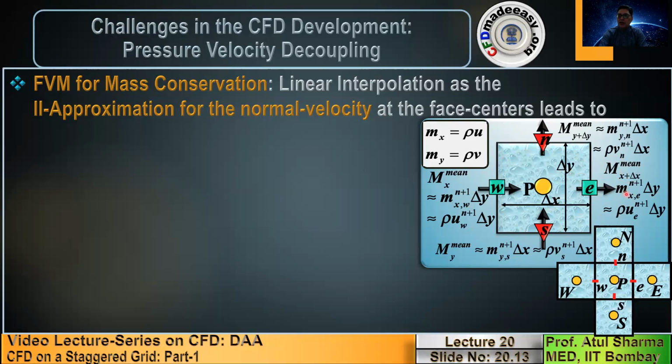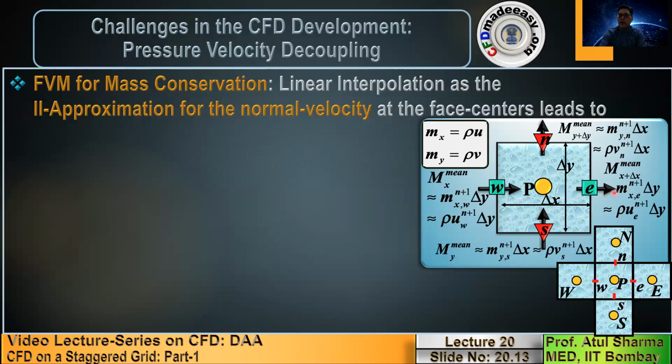This mass flux mx is equal to rho into u, and my, the mass flux in the y direction, is equal to rho into v. So for the incompressible flow, when you talk of rate of change for mass conservation, there are two rates of change. The first is the rate of change of mass stored inside the control volume, which is 0 for incompressible flow. The second is the net mass flow rate leaving across the surface of the control volume.